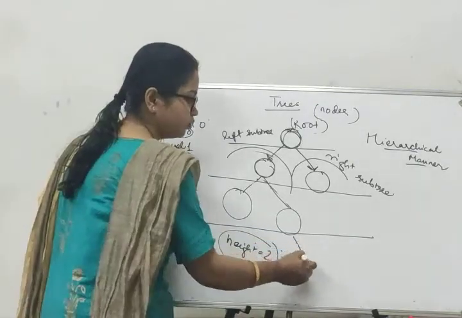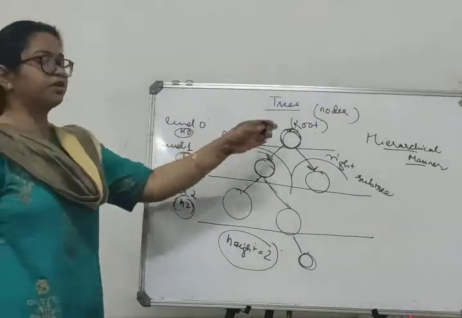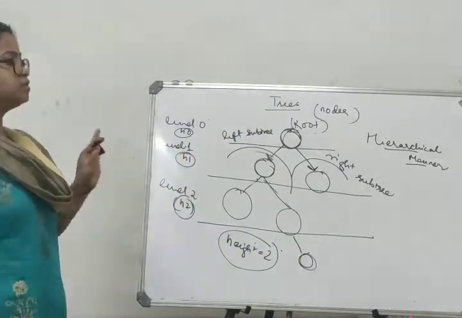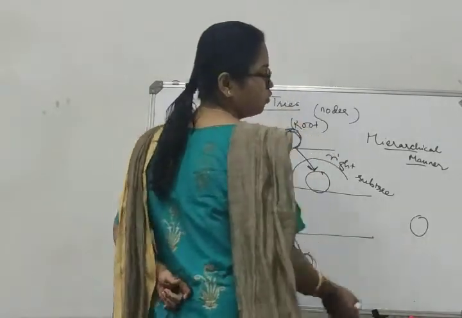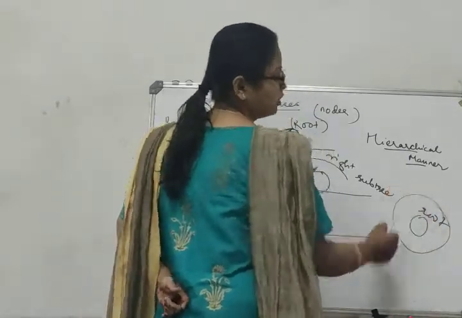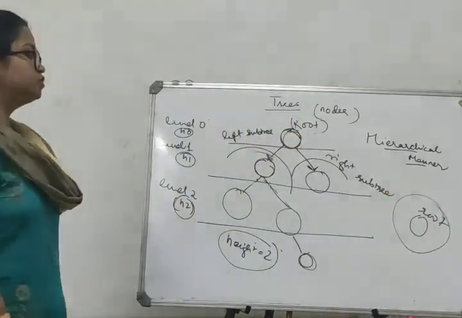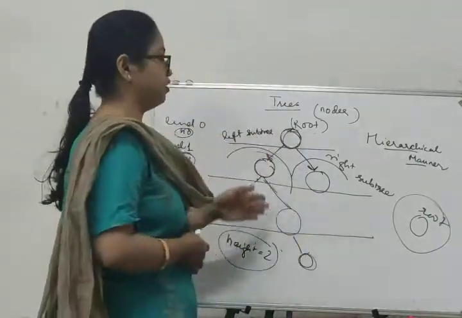Suppose I have this node. This is also a tree, right? Because it has a left subtree and a right subtree. Otherwise, the smallest tree consists of one node, which is a root node with no children. Then also we call it a tree. So a tree consists of nodes connected in this manner.